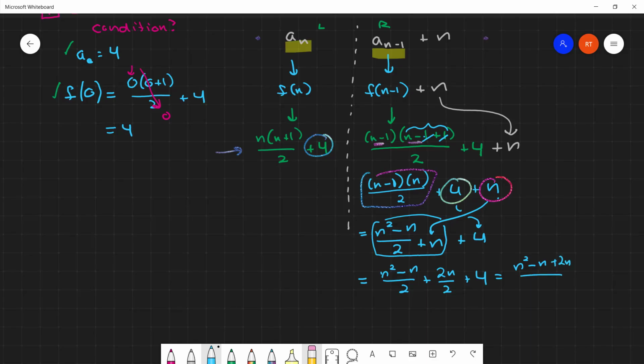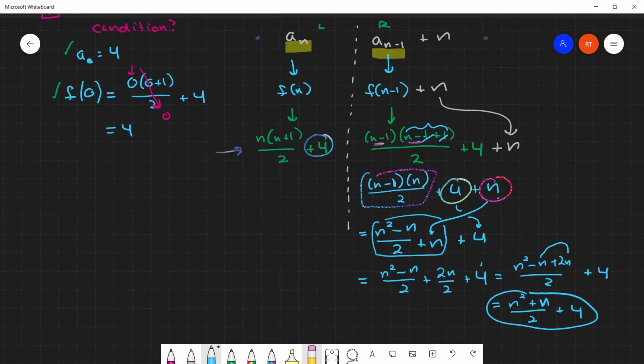I have n squared minus n plus 2n over 2. And remember, there's a plus 4 that's left over. And I see a simplification I can make right here. This is now n squared minus n plus 2n, which is a plus n, over 2 plus 4. That's an n. All right.